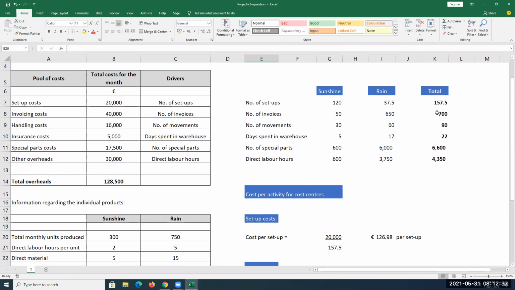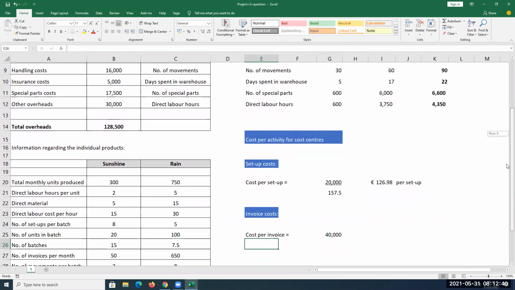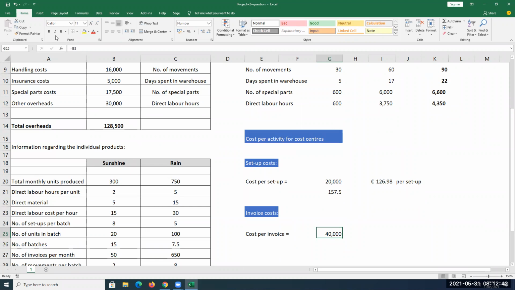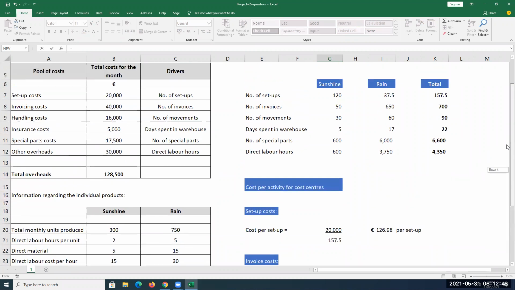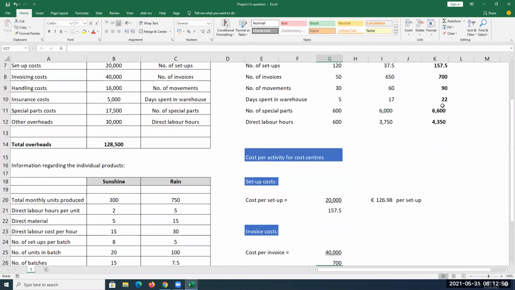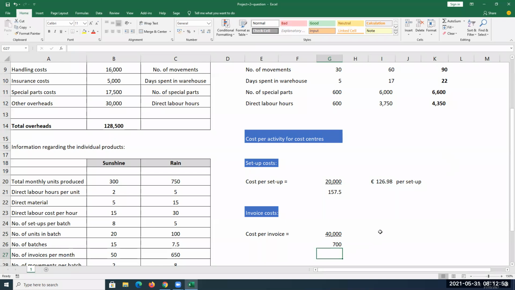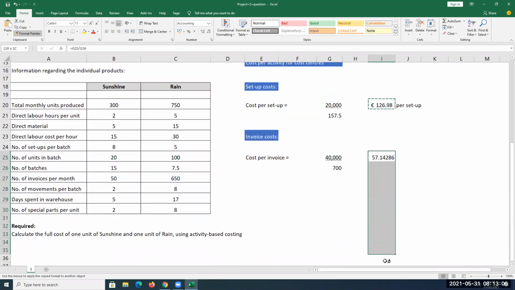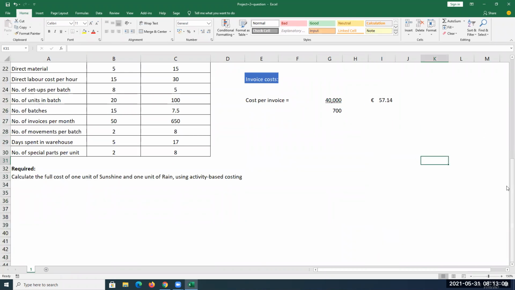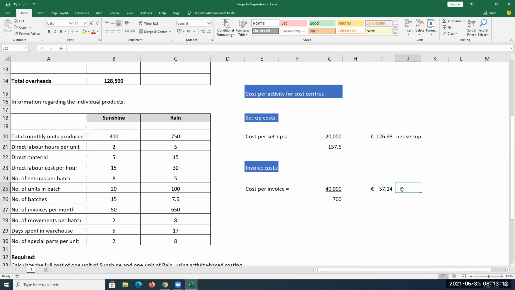The number of total invoices is 700. So 40,000 divided by 700 is my cost per invoice: 157.14 euro per invoice.